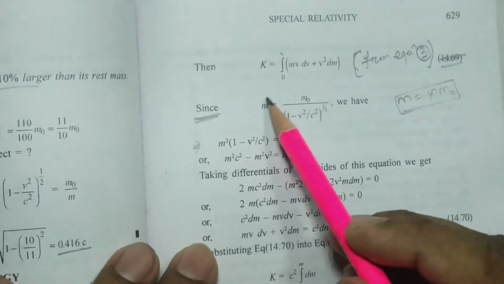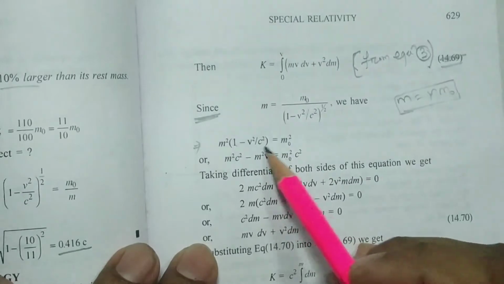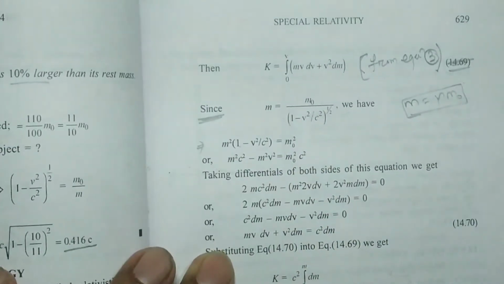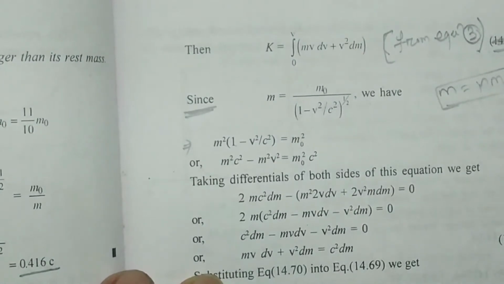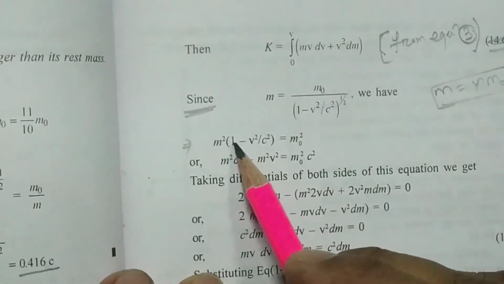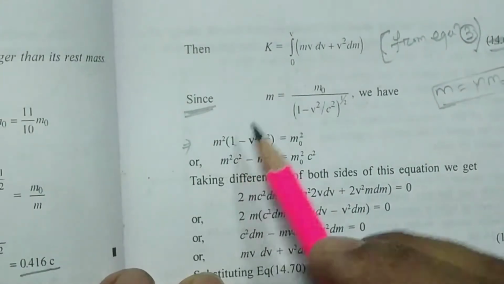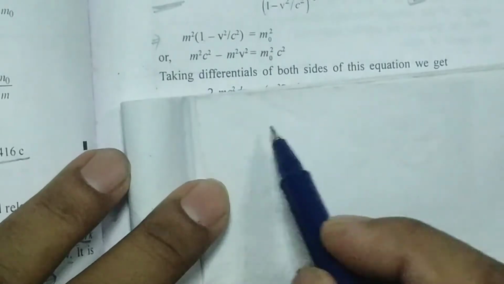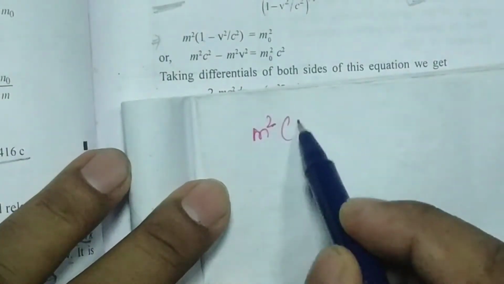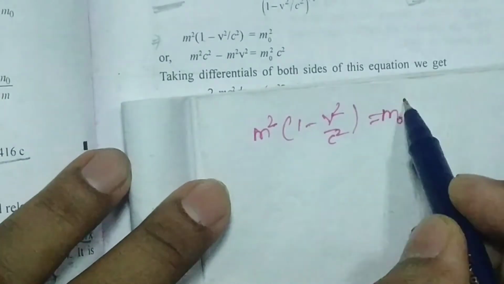So m square into 1 minus v square by c square is equal to m0 square.